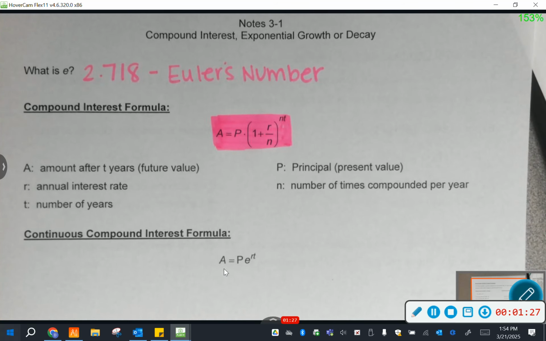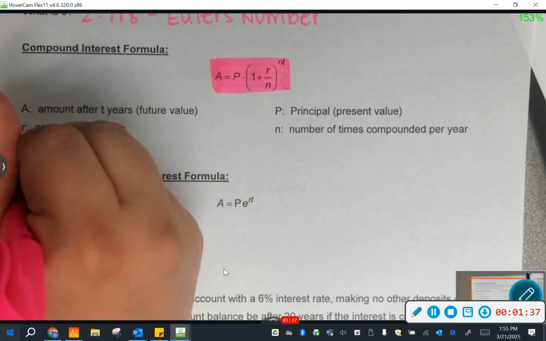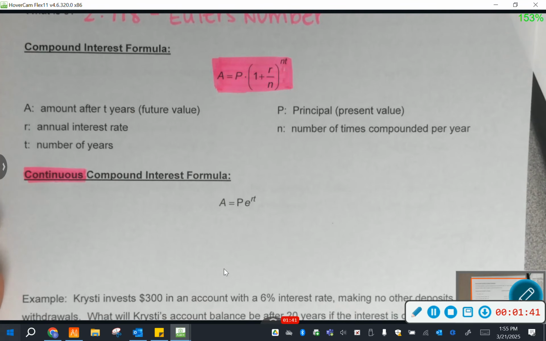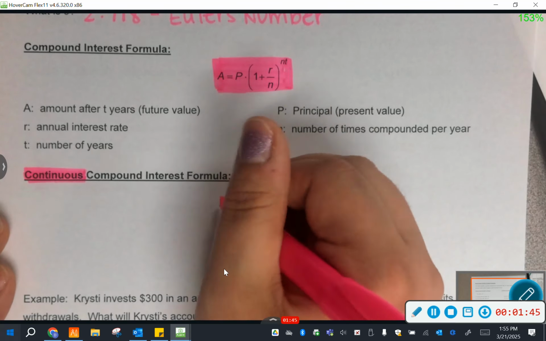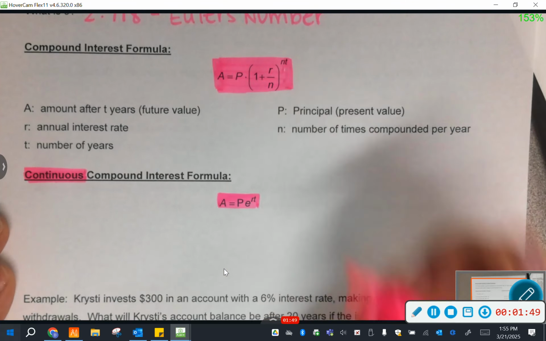Now, that's if you compound annually, semi-annually, monthly, weekly or daily. What if you continuously compound? Everybody highlight, underline, do something, box it, the word continuous. If you continuously compound, here is your formula. A equals P e to the RT.